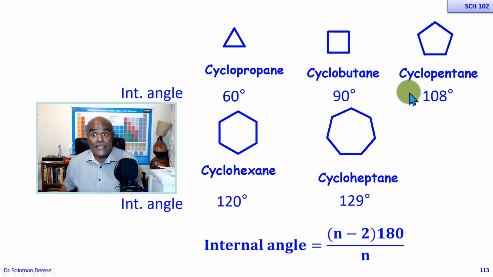And then in the case of cyclohexane, cycloheptane, and the other larger cycloalkanes, their bond angle is more than the ideal 109.5 degrees. Instead of their bond angle being like this, they are forced to expand.